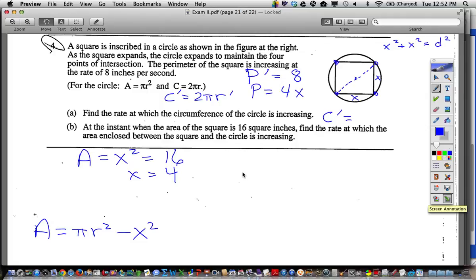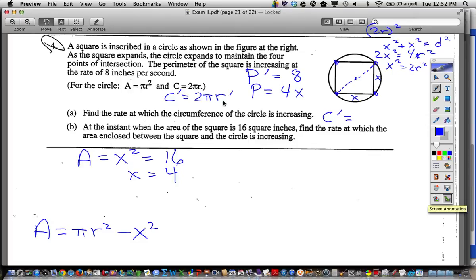Now what's another name for d? 2r. So this would be 2x squared would equal 2r quantity squared. What's that, 4r squared? So x squared would equal 2r squared. Would that be true? If I look at this right here, P prime is 8.